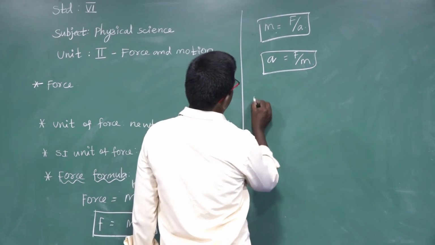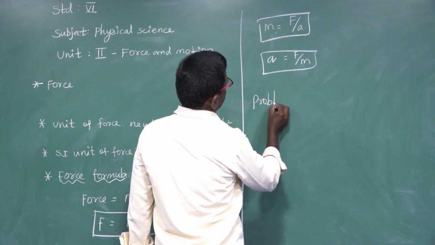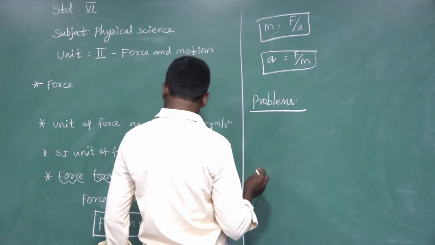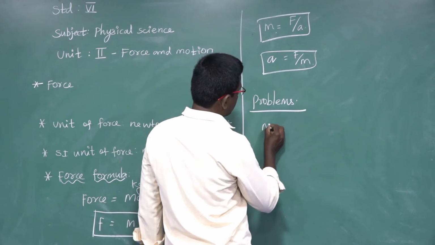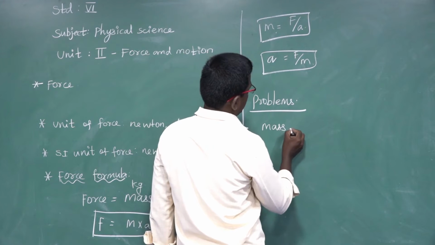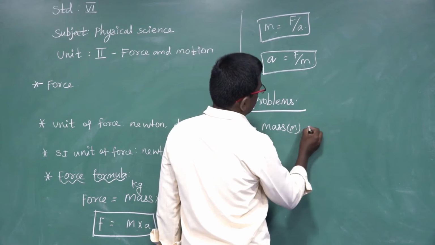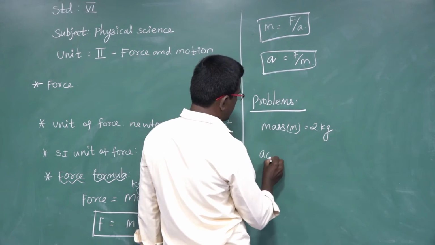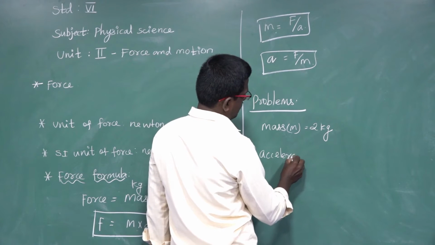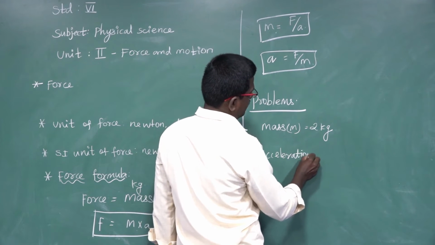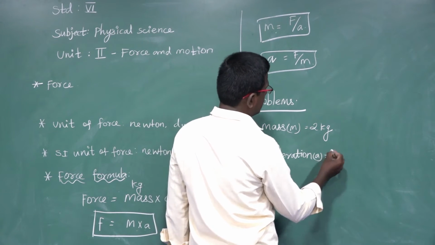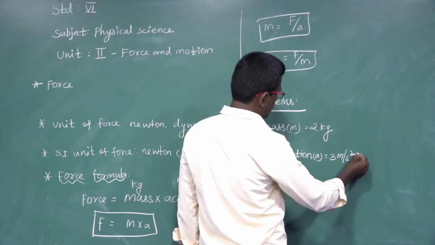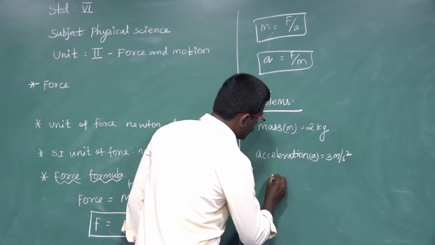Solved problems. Given mass m equals 2 kilogram and acceleration A equals 3 meter per second square, find the force.